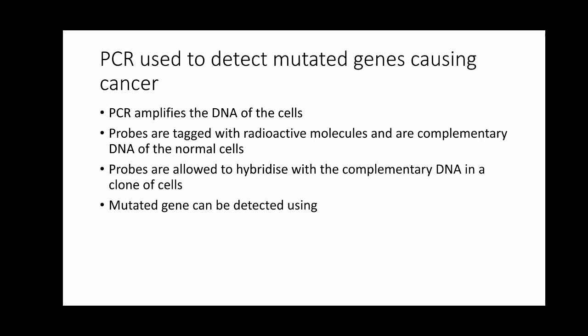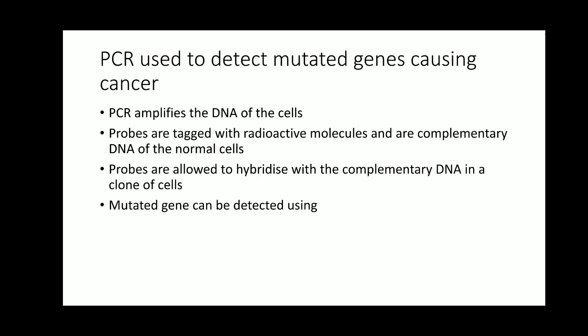These single stranded DNA or RNA which are tagged with radioactive elements are known as probes. During the reaction, these radioactive elements will emit light. Based on that light, we detect whether there is a mutation or not.